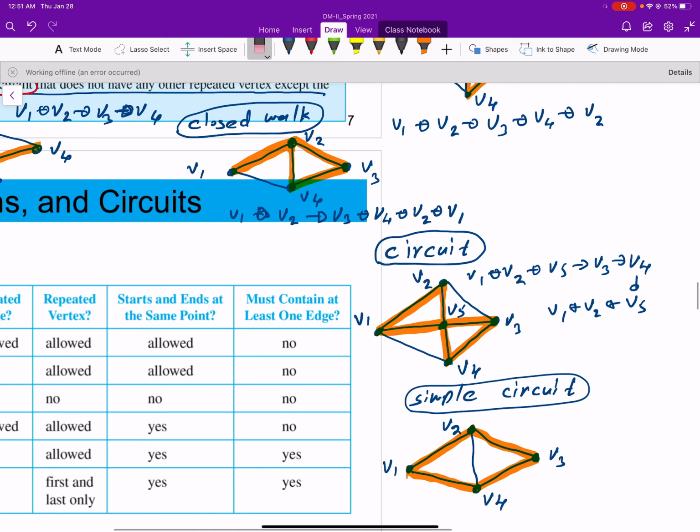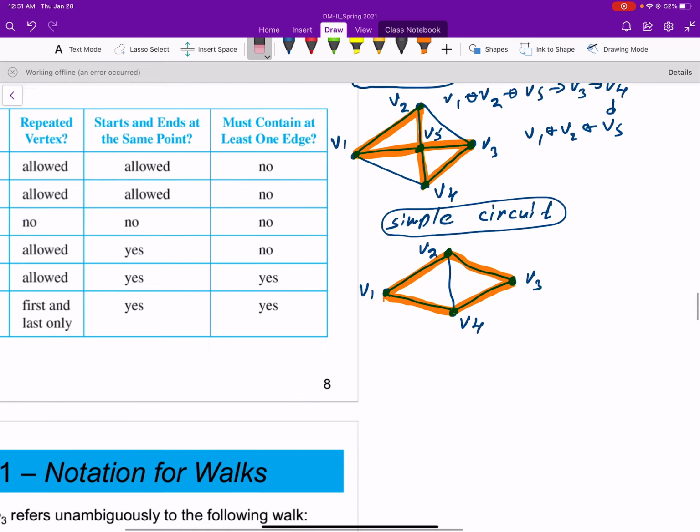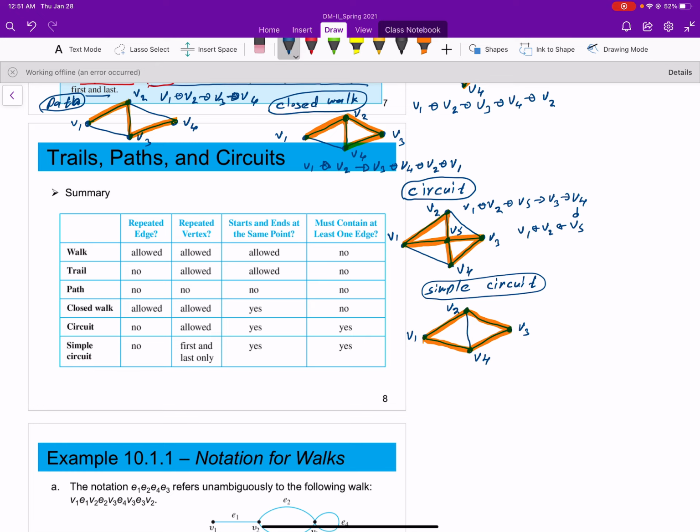Okay, which is a circuit but not a simple circuit. Okay, so now just let me finish this. This is V1 to V2 to V3 to V4 to V1. Alright, now you understand everything.